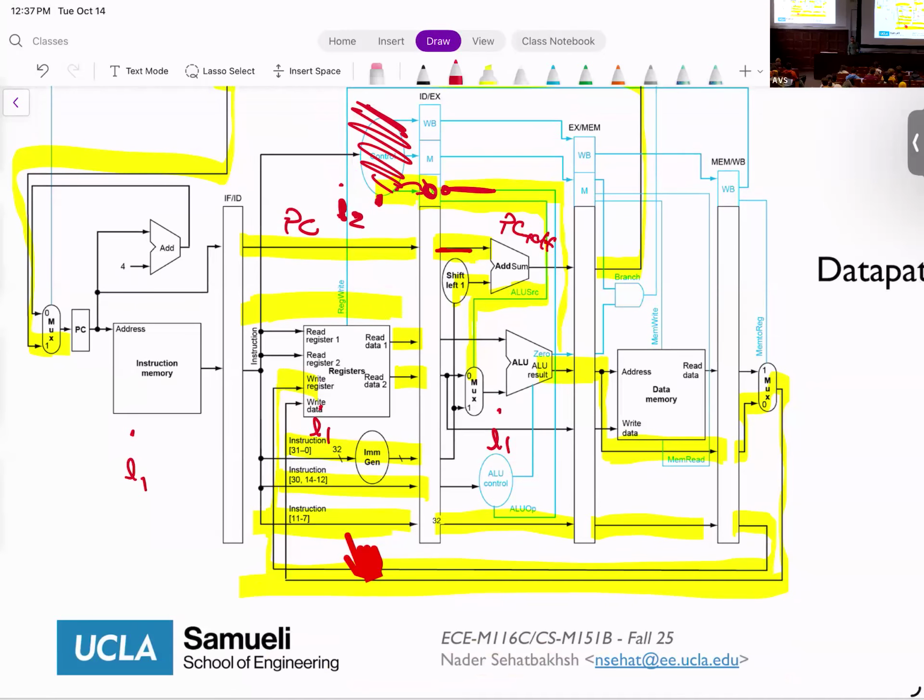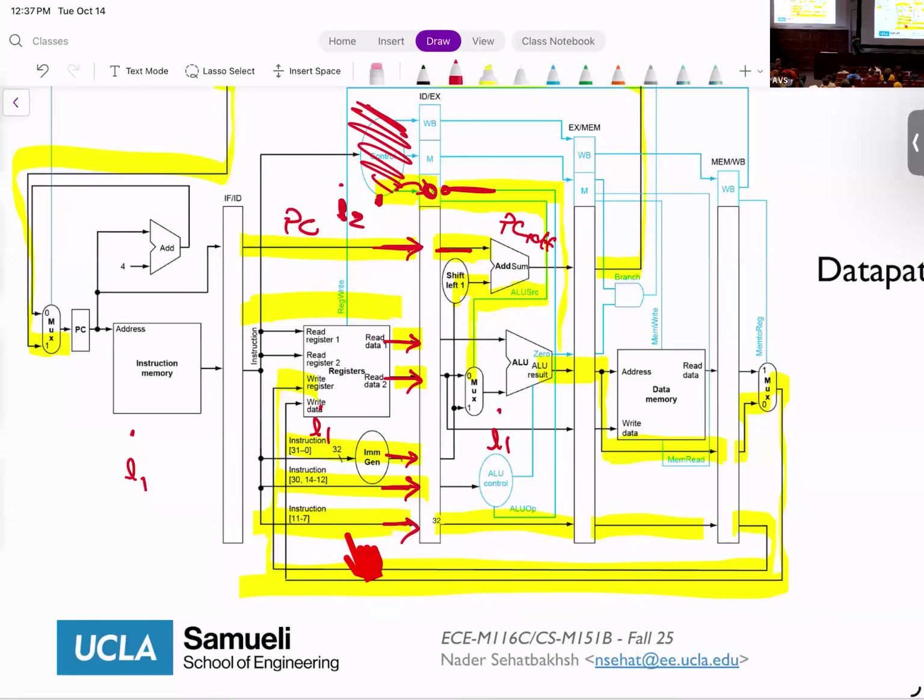Any questions? Yes. Yes, we're using registers to save both control and data. As you can see, for example, I'm also saving PC. I'm also saving RS1, RS2, immediates, the func3 and func7, RD. I'm saving all of that because if I don't save them, the next instruction comes in the next cycle and it will overwrite things.